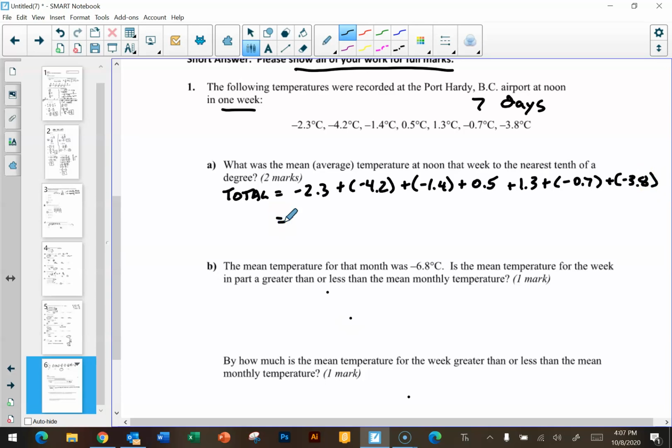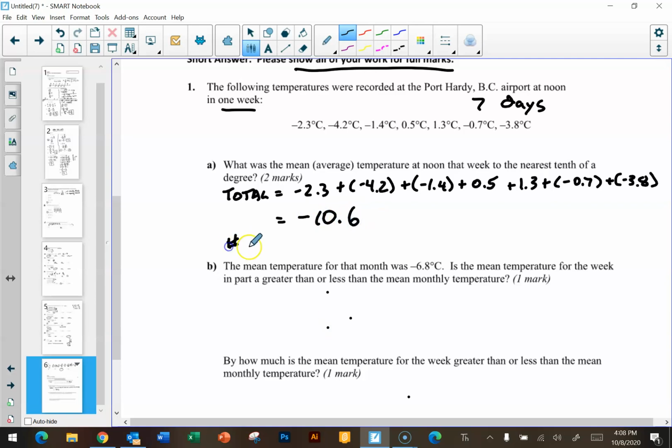Just make sure you got the signs right. So it's negative 2.3, minus 4.2, minus 1.4, plus 0.5, plus 1.3, minus 0.7, and then minus 3.8 gives me negative 10.6. So all those numbers together equal negative 10.6.